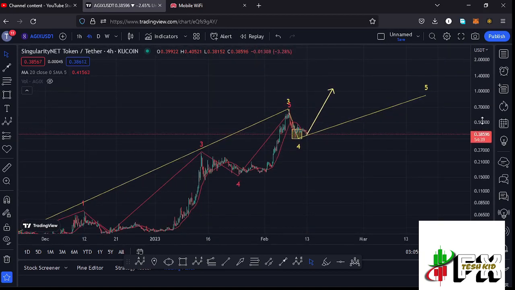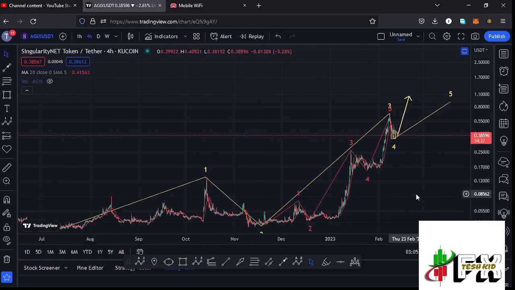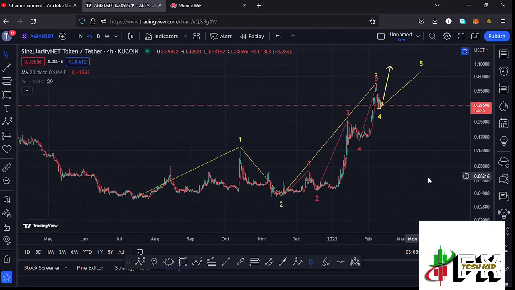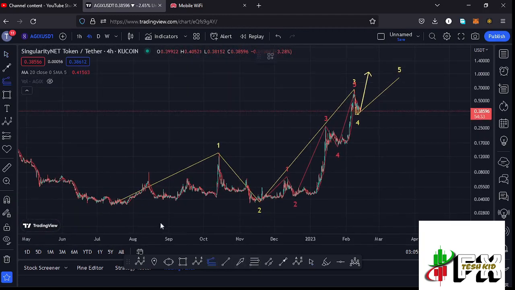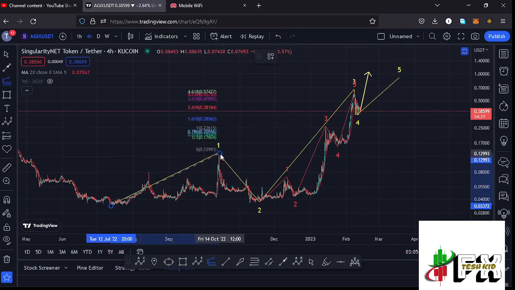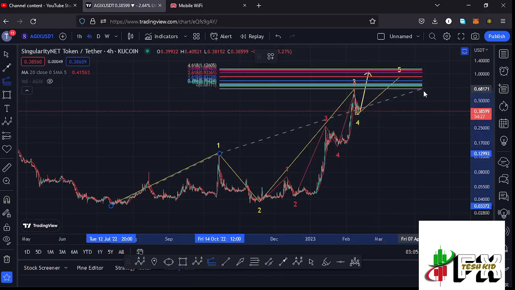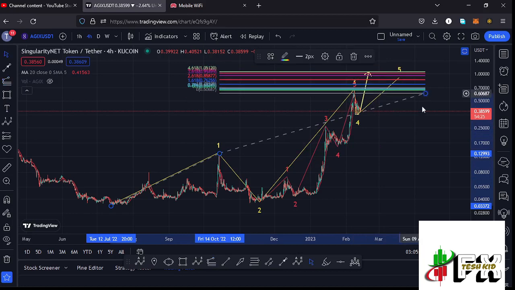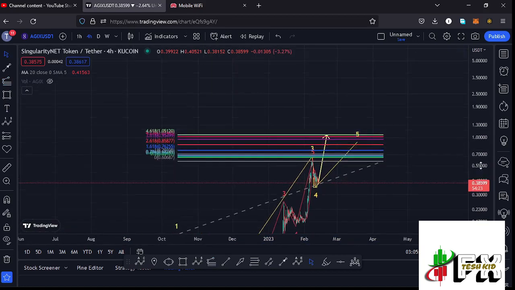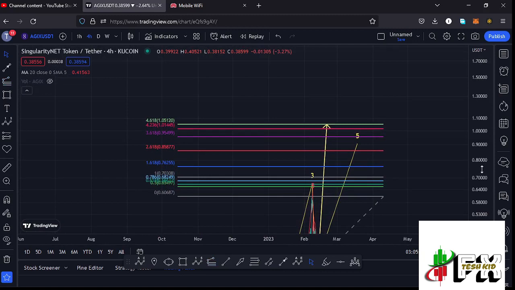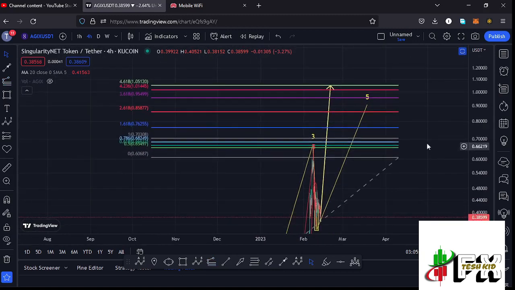and sketching out a minimum target area to the upside in the formation of that wave 5 using a trend-based Fibonacci, connecting it from the low of the first wave to the high of that wave 1, then dragging the fibs to the high of that wave 3. That gives me a minimum target area to the upside in the formation of that wave 5 at the fib level 1.618, and that is at around the $0.76255 mark.